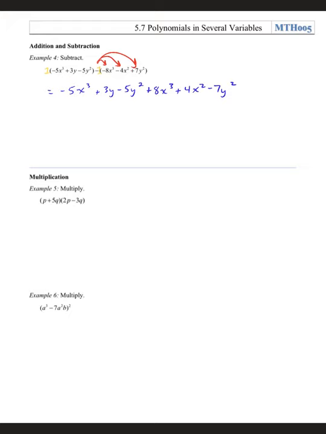And now we want to combine like terms. Let's start with x cubed. So we have a negative 5x cubed plus 8x cubed, which would leave us with 3x cubed. Let's look at our, do we have any other x's? Yes, we have a 4x squared. So let's add our 4x squared. Now let's go over to the y's.